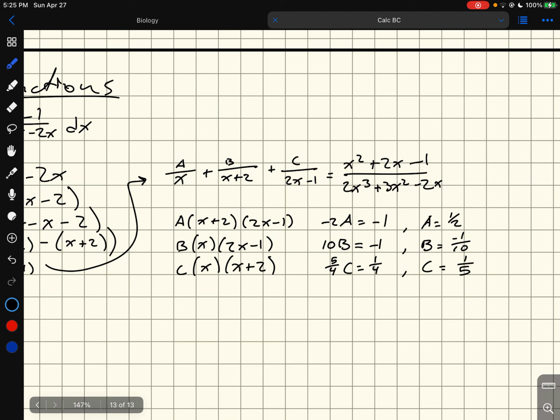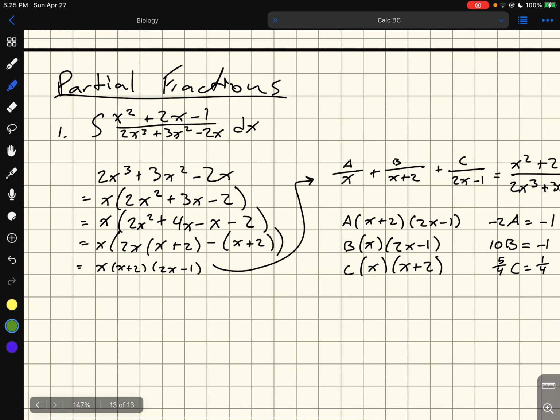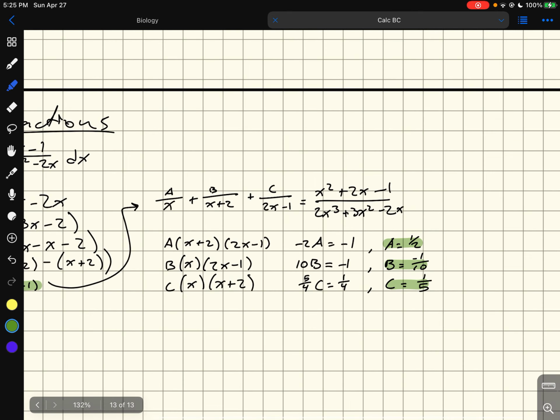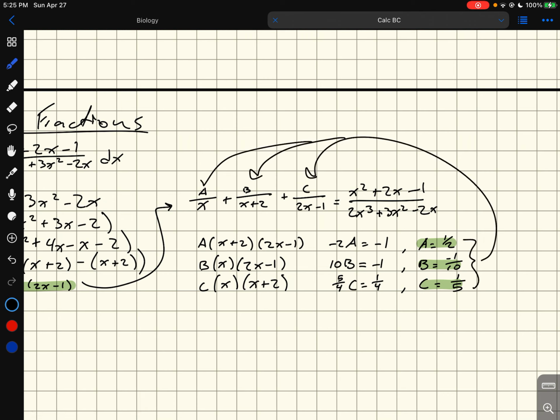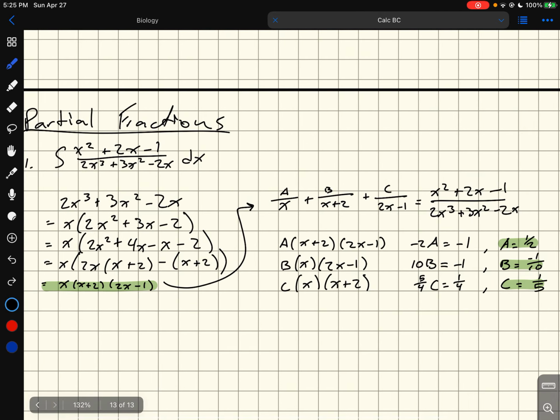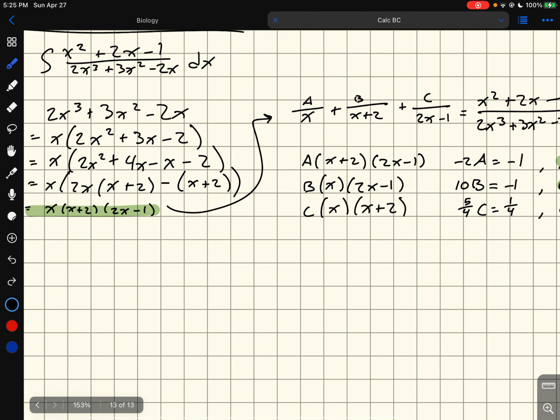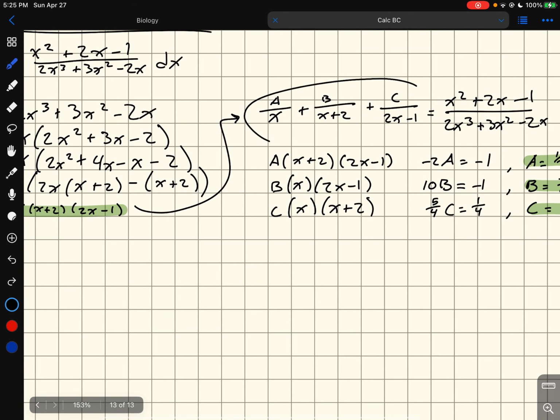So now we know what our A, B, and C are. Let me highlight them, because it's getting kind of messy here. So this is important. That's important. And now we're going to plug these into our A, B, and C, and this is what's going to go on the inside of our integral.